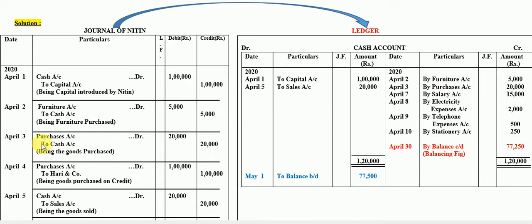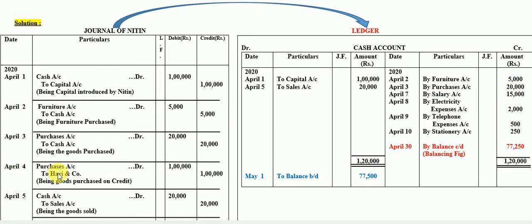Okay, now comes April 3rd, that is purchase account debit to cash account. Here also cash is on the credit side, that's why this purchase will be recorded on the credit side. So you can see over here by purchase account, that is 20,000. And now comes April 4.